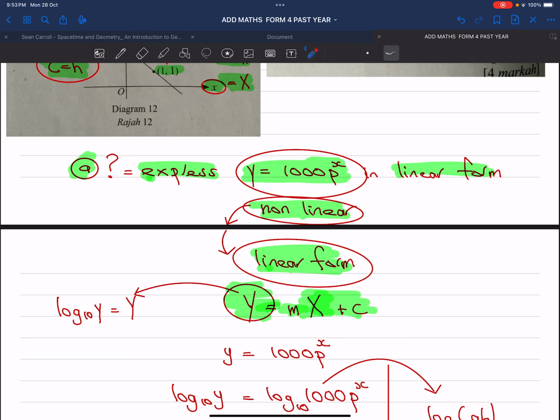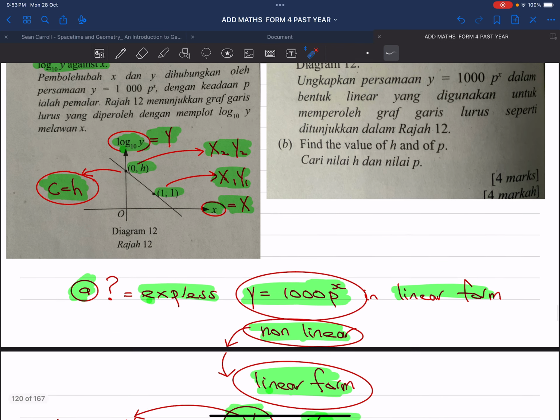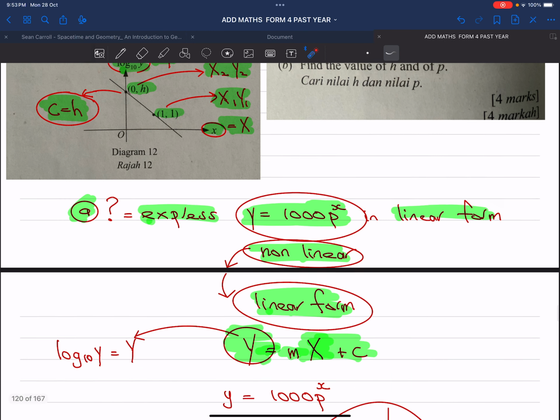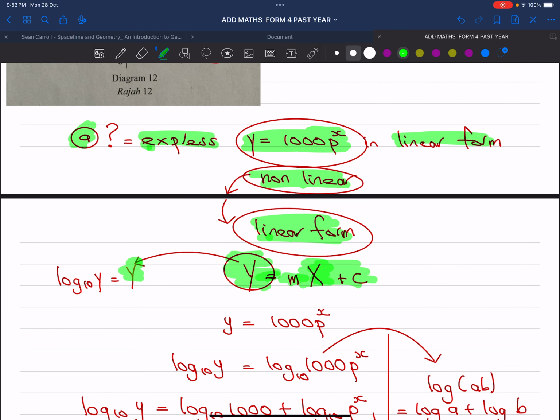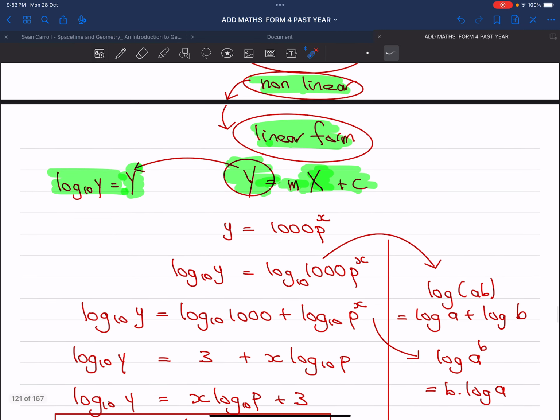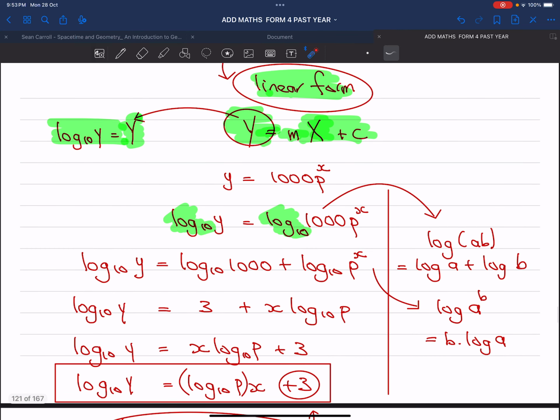What we do next? Capital Y is log y base 10. Therefore, I must use log. So this y equals 1000 p power x, I will use log base 10 on both sides, left and right. Now we look at the right hand side.